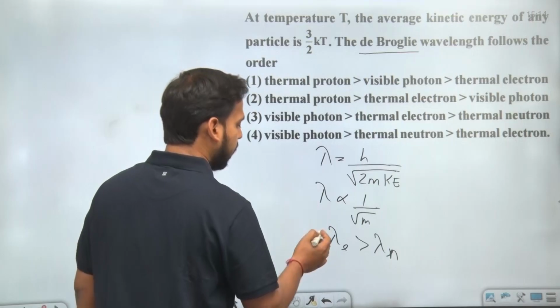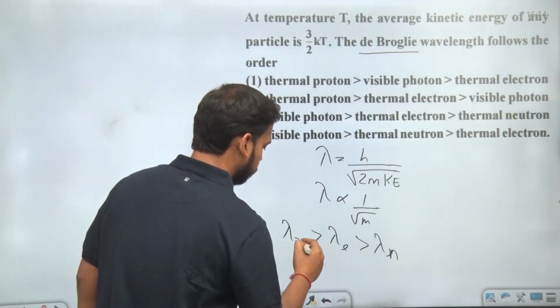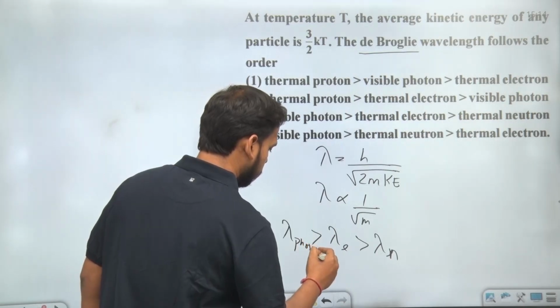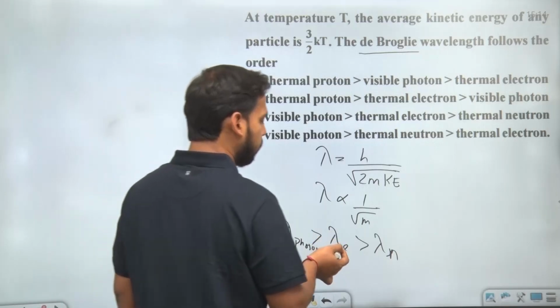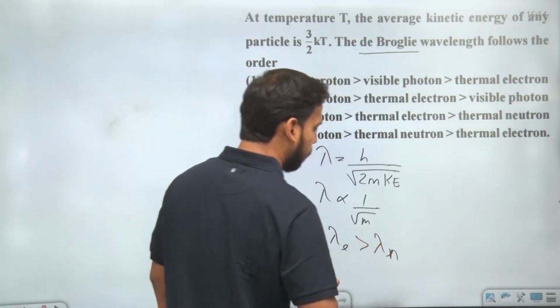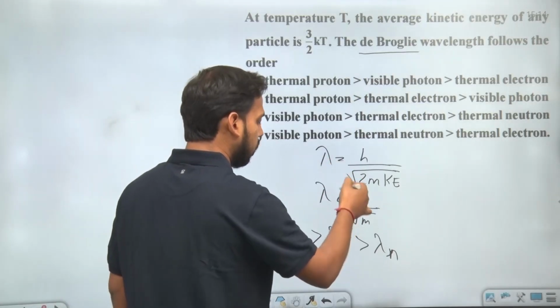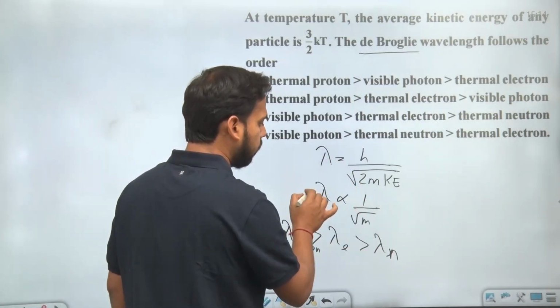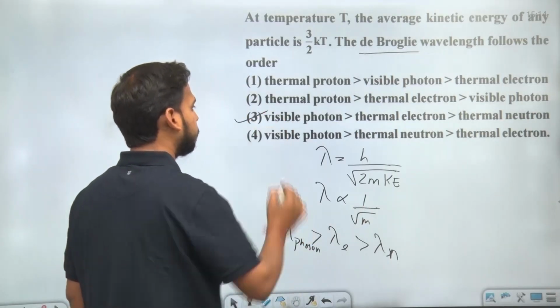Similarly, it will be higher for the wavelength of photon. So the de Broglie wavelength of photon will be greater than the de Broglie wavelength of electron and then the de Broglie wavelength of neutron, because here the inverse relation is given between the de Broglie wavelength and the mass. So our correct option will be option number 3rd.